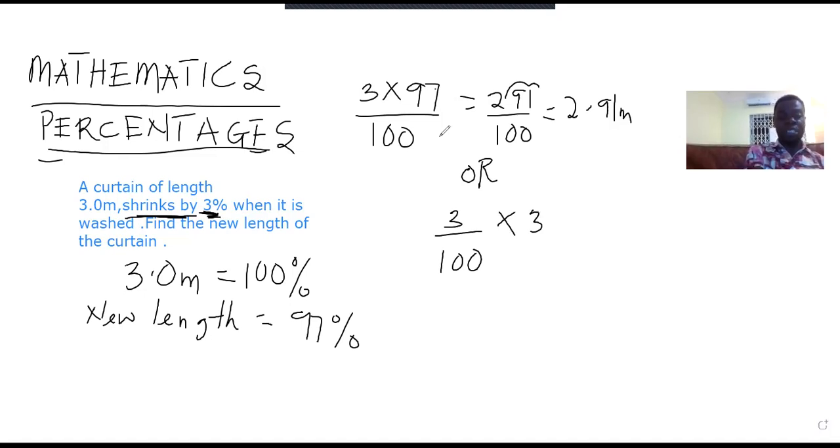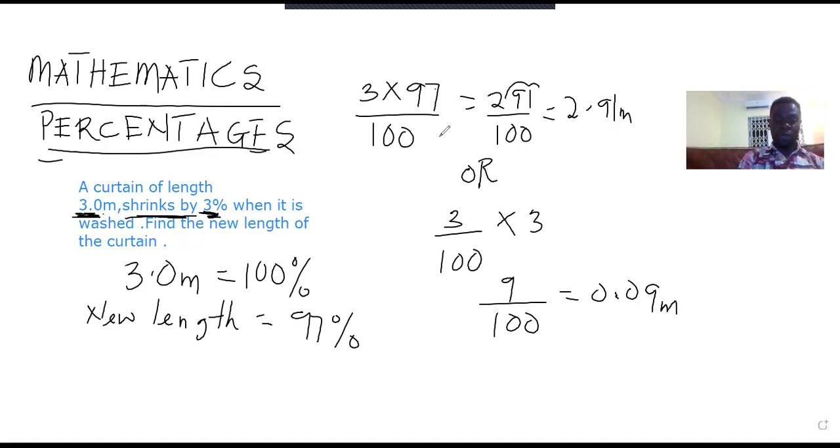The original length is 3.0 meters, so we find 3% of that. So that is 3/100 times 3. And that gives us 9 out of 100, and that will be 0.09 meters.